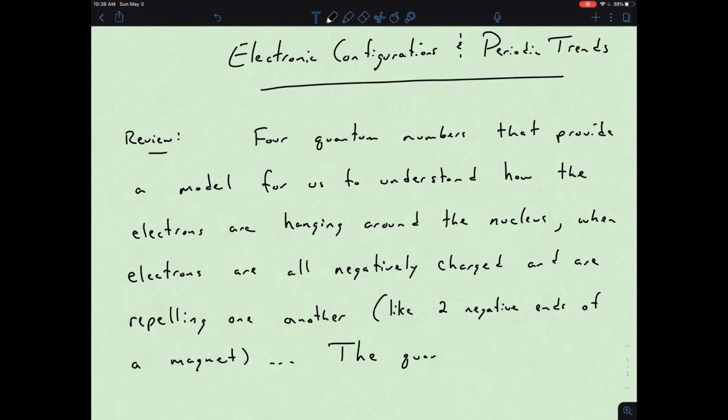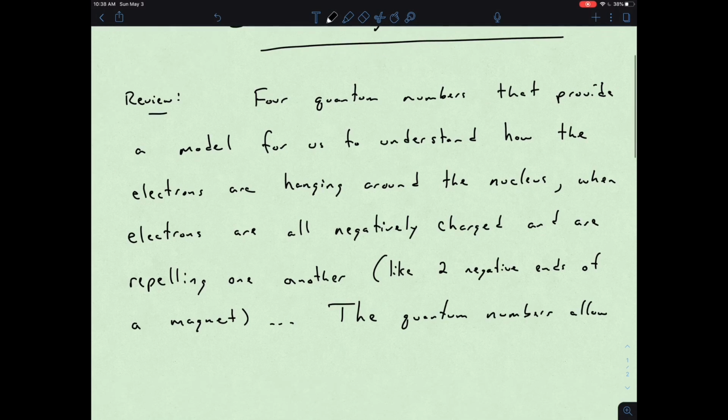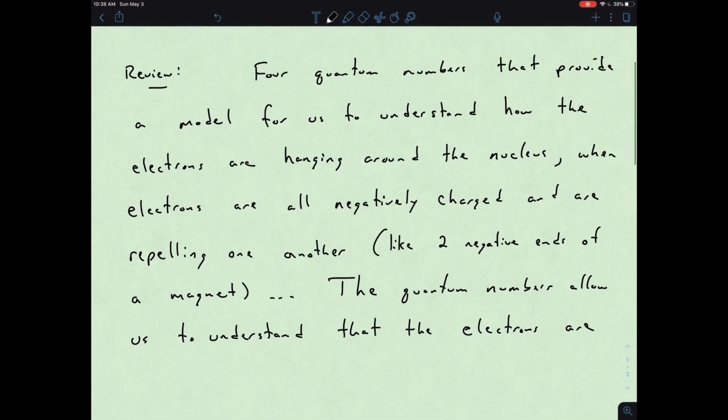The quantum numbers allow us to understand that the electrons are separate from one another.